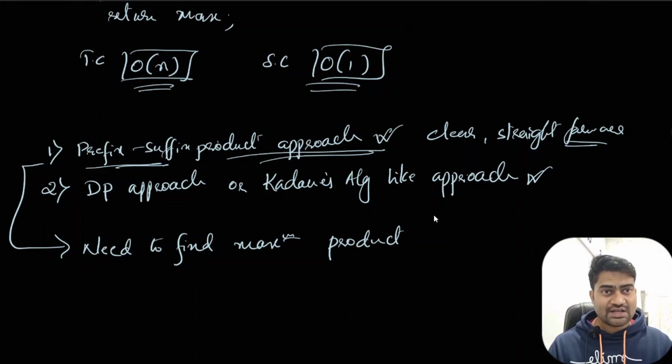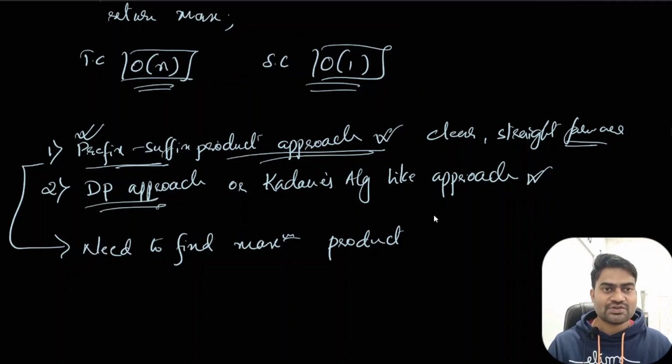But whenever there is a follow-up question saying that along with the maximum product, you also need to find the array which contributes to the maximum product, that time you cannot really use the first approach. Why? Because whenever we get 0, we simply reset it to 1, right? We really don't know when the array which contributes to the maximum product starts. So that is highly not possible in the first approach.